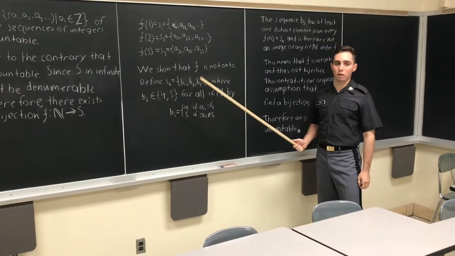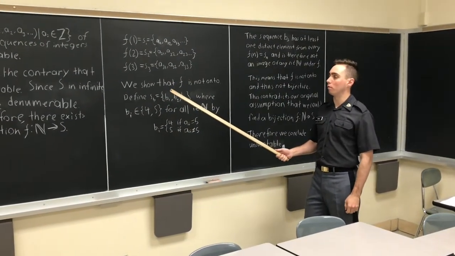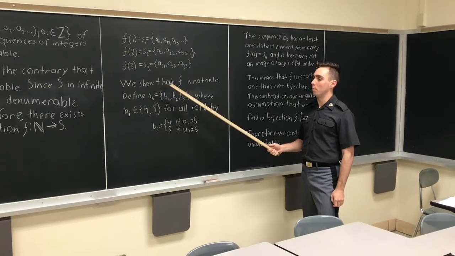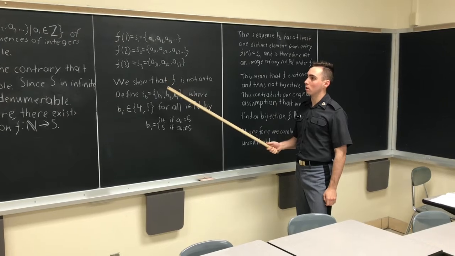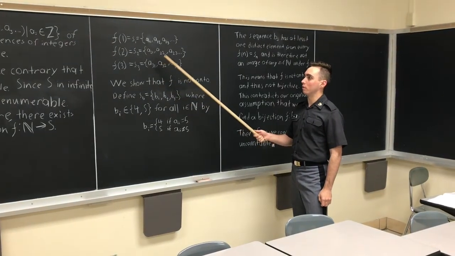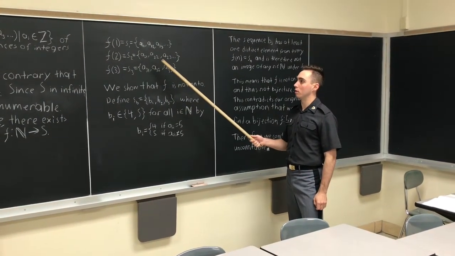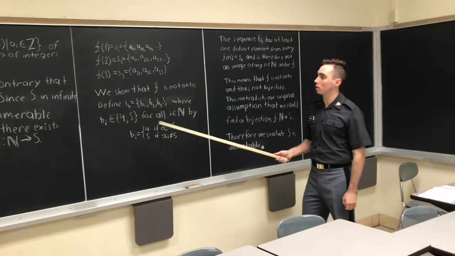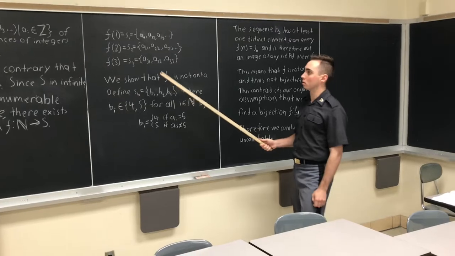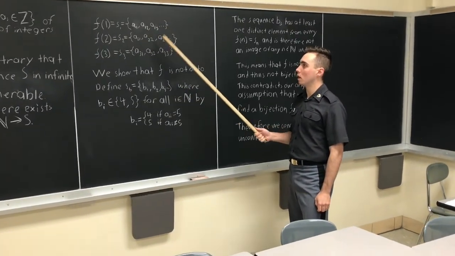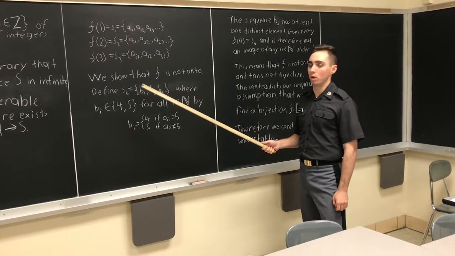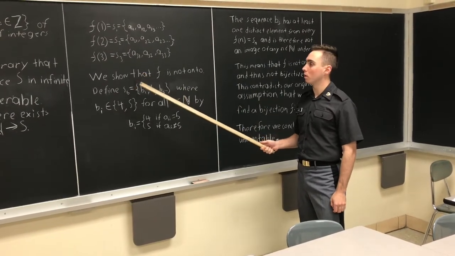So we define our bijection f so that for each element of the natural numbers, we have an output that's a sequence where each element of the sequence is denoted by a small a with a subscript that describes its position in the sequence as well as the natural number that it's the image of.